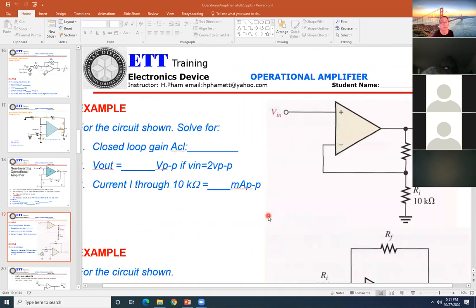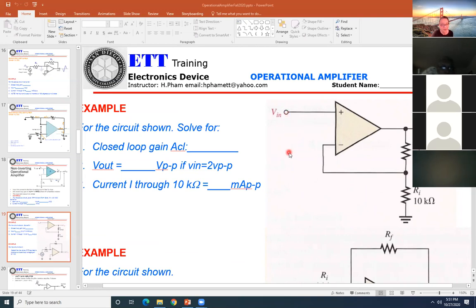Okay, now when you're looking into this circuitry, try to recognize that it will be non-inverting. The gain will be equal to 1 plus RF divided by RI. If you want to get V out, take the gain times V in.